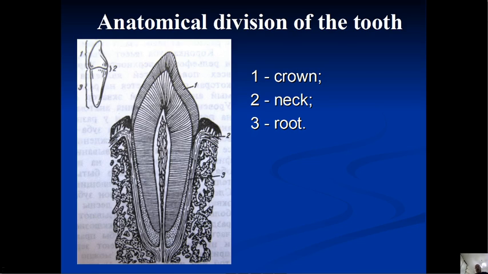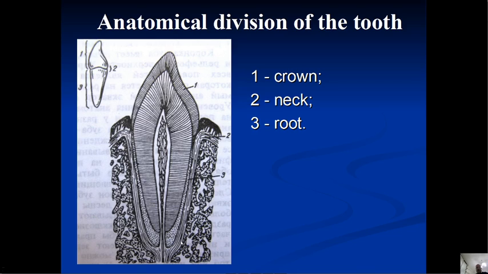All teeth, including deciduous or permanent, consist of two main parts. The first part is the crown, and the second part is the root, radix in Latin.